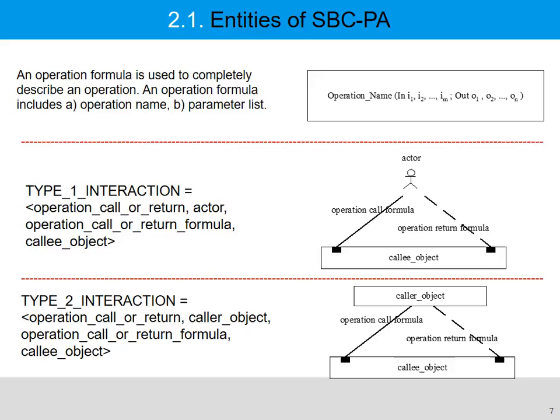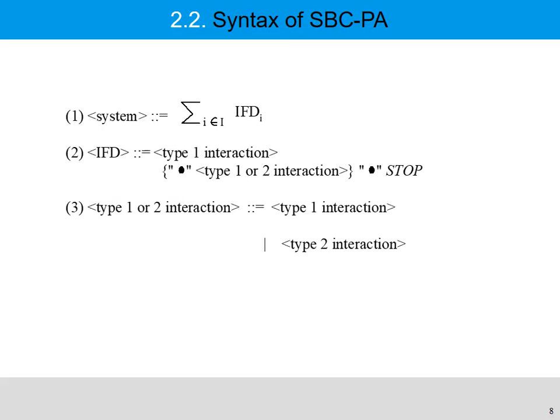There are two kinds of interaction in SBC Process Algebra. Type 1 interaction is an interaction between an outside environment actor and the COE object. Type 2 interaction is an interaction between the caller object and the COE object.